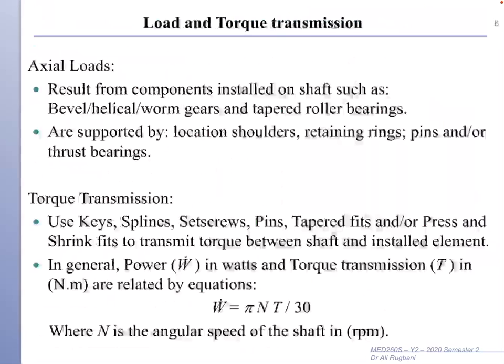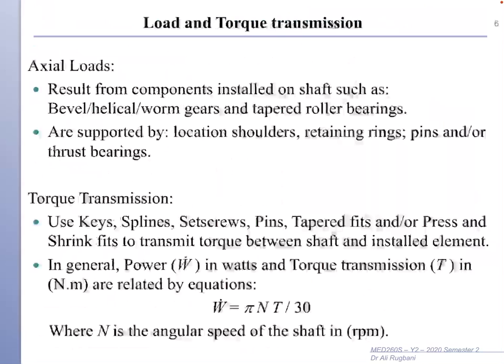Torque transmission is very important. To transmit torque, you need to make sure that the component installed on the shaft and the shaft make one rotating element, so they rotate together without any slip between the surfaces.